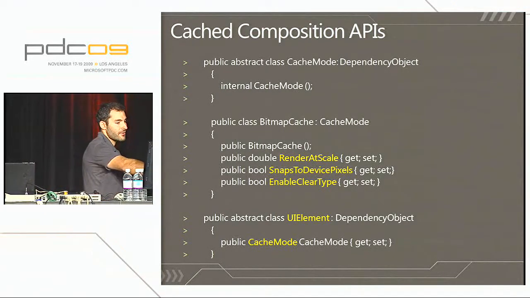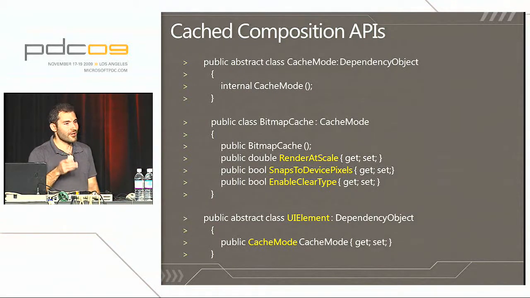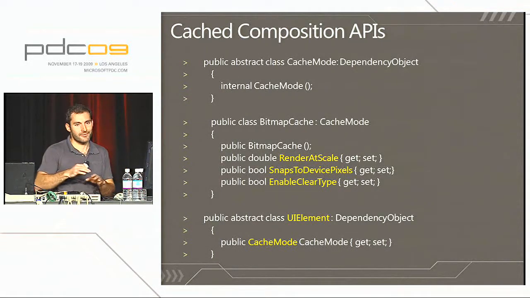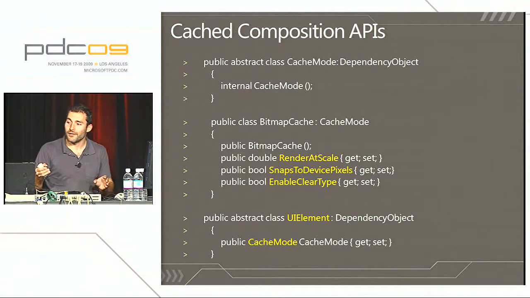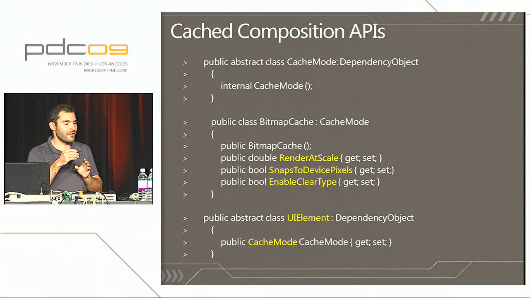So we have this render at scale property, so you can render your cache at some multiple of the target subtree's size. Basically, if I had a Surface application, like an MS Surface multi-touch application, and I have a text box that's really small and I want to scale it up to be full size, full screen, and I don't want to lose visual fidelity once I've scaled up, and I know the initial size and I know what my final size would be, you can set this render at scale property such that the bitmap you generate is as large as your final enlarged size on the screen.